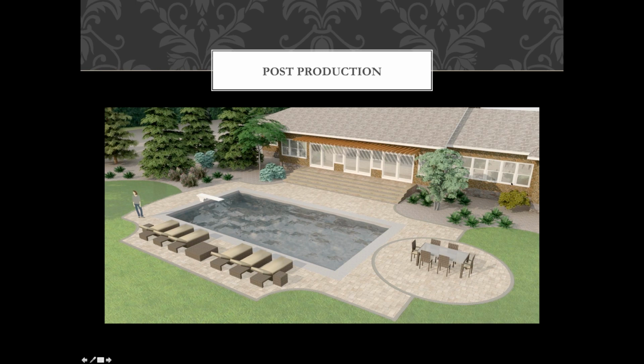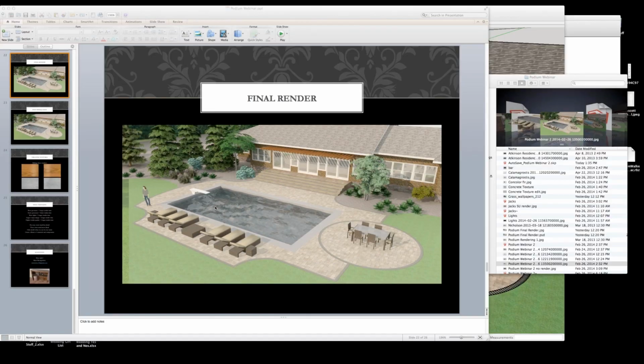Took me about an hour to build, and then probably another hour or so to render and put the grass in. And all these trees and stuff are just pre-made components. I'll show you where to get a few of these. I've been working with Land Effects for the last couple of years developing some of this stuff.